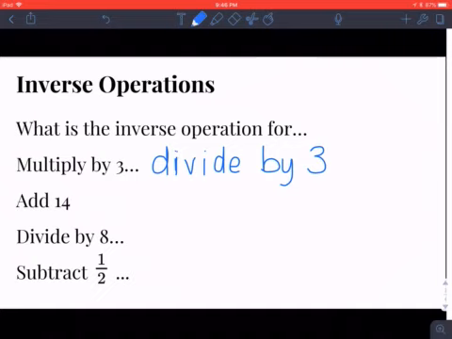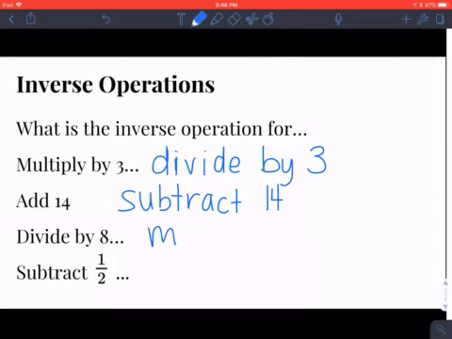All right, now if we have add 14, if we took 0 and we added 14, to get back to 0, we would need to subtract 14. Okay, then if we were dividing by 8, so let's say we started at 64 and we divided by 8, to get back to 64, we would multiply by 8.